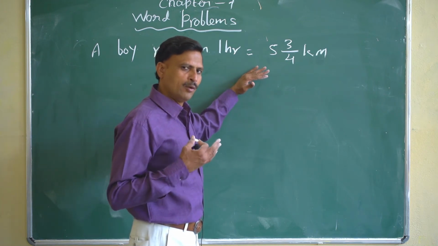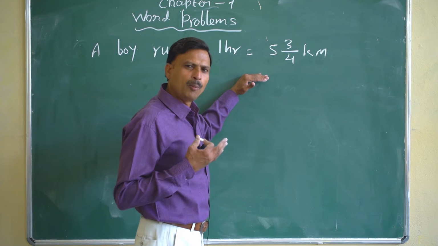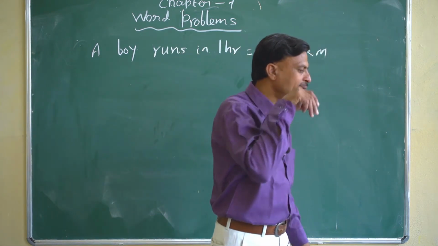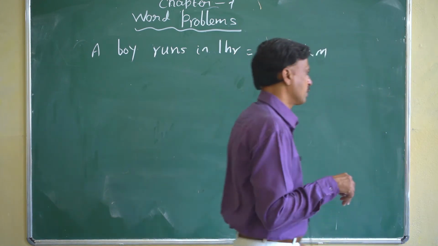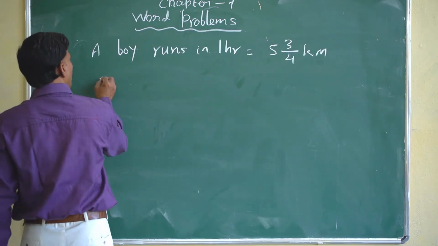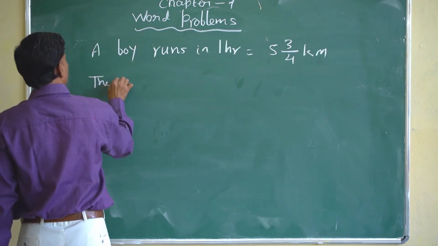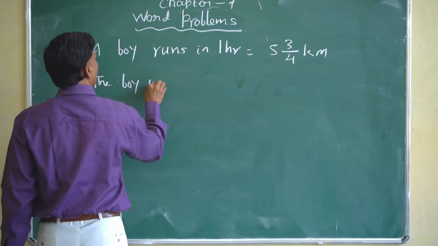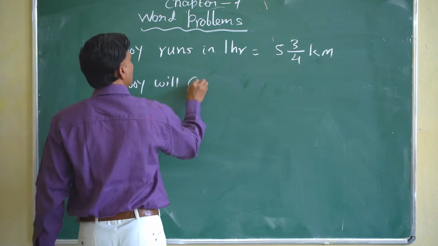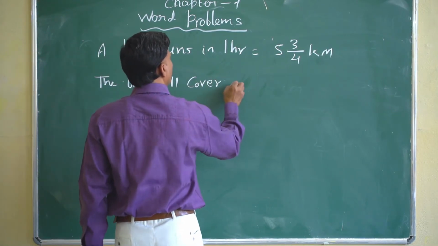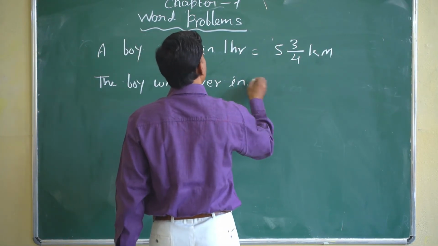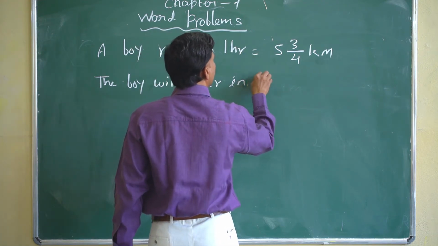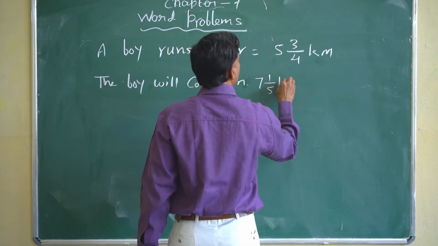So how much distance will the boy cover in 7 whole number 1 by 5 hours?